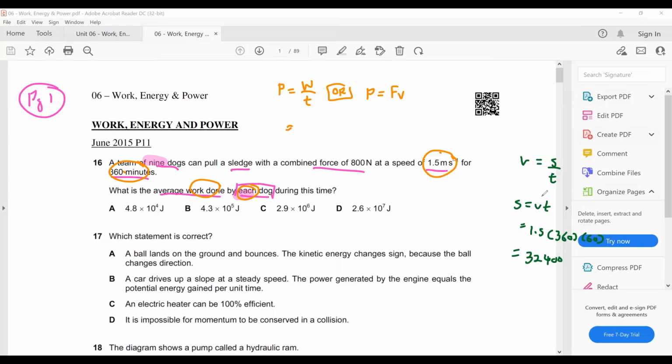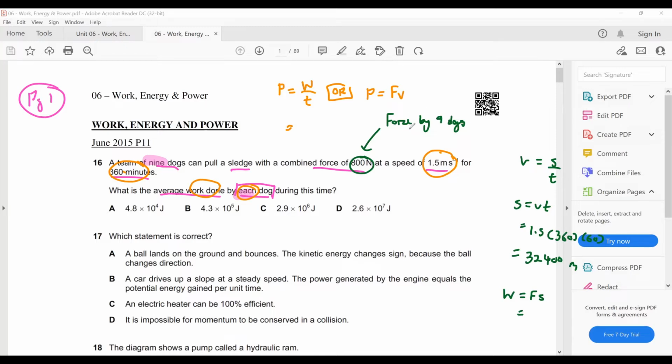S is Vt, 1.5 meter per second, 360 minutes. Yeah, you're going to have 3,240 meter. Okay, so if I use work equals force times distance, this force is for 9 dogs.